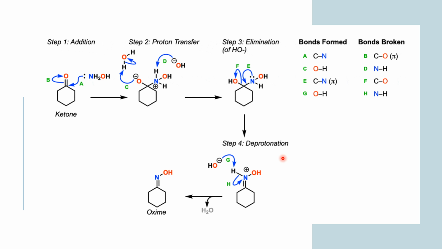Then in the next step, deprotonation will happen from the nitrogen center. The base present in the reaction medium is going to extract this proton from this positively charged nitrogen center.